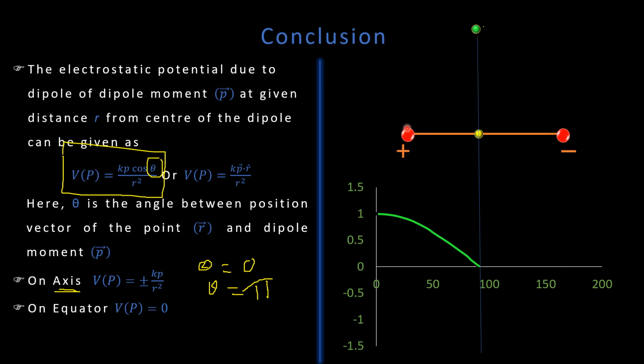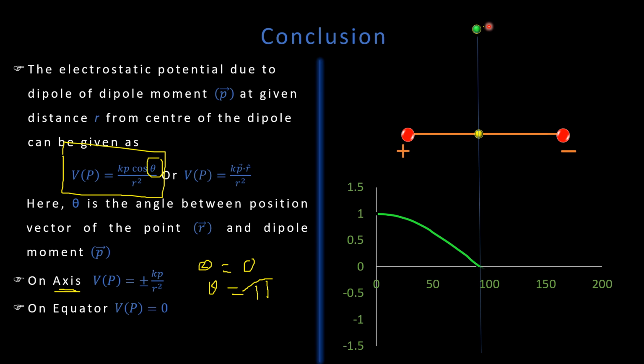Why? Because potential due to the positive charge here is plus kq by r, and potential due to the negative charge here is minus kq by r, so the resultant is 0. And why this fall? Because as you move from the positive charge to this point, the negative charge is increasing its influence, and so the resultant potential reduces. As I move further, I am going close to the negative charge, so my negative potential will increase, and I am going away from the positive charge.